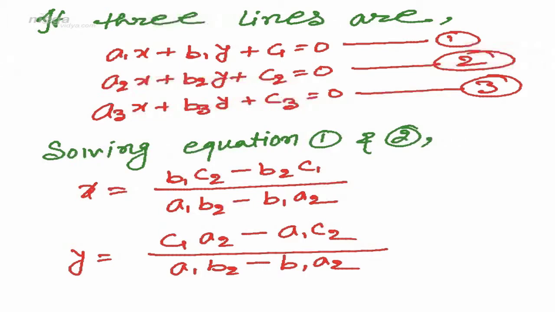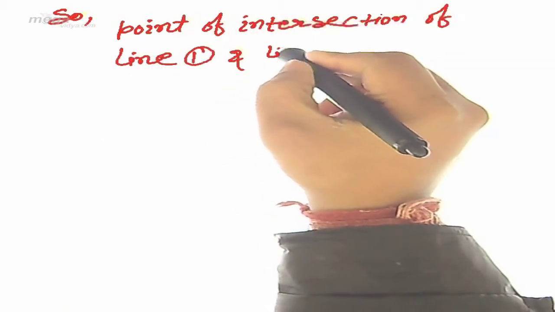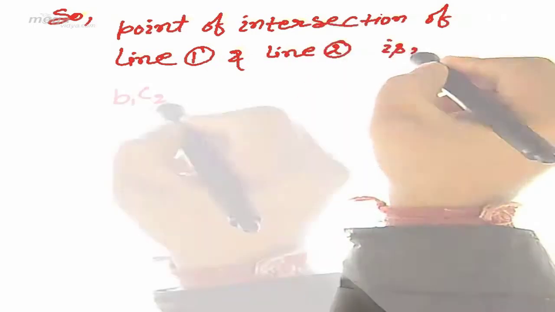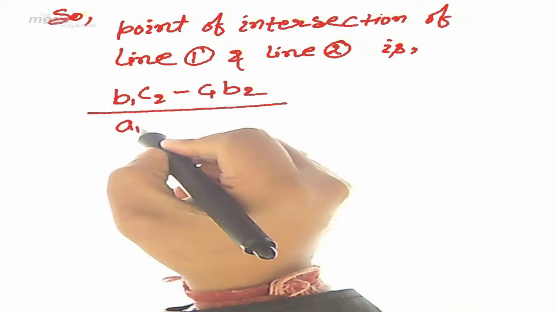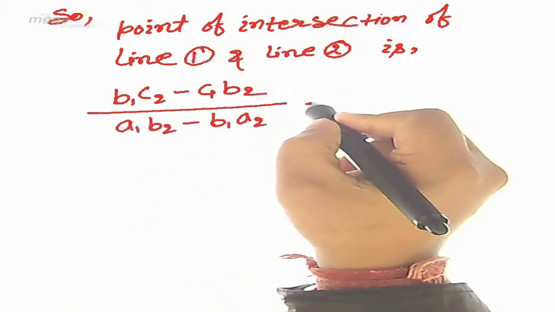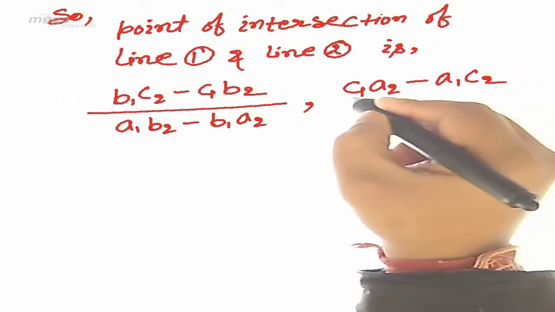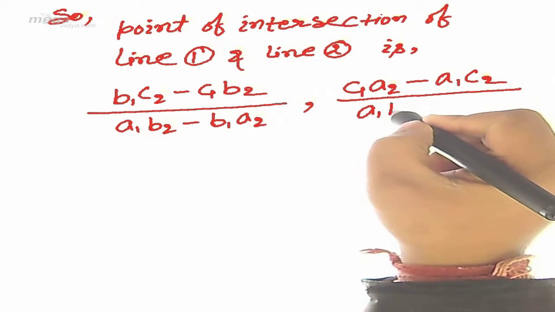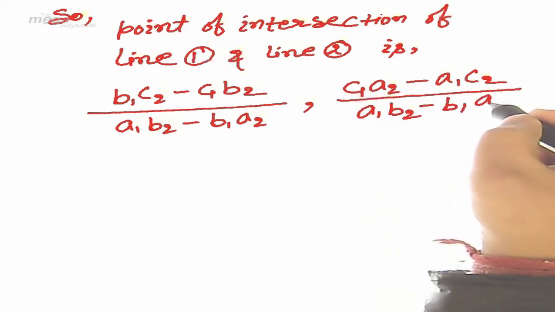Suppose I am taking equation number 1 and equation number 2. So the point of intersection of line 1 and line 2 is ((b1c2 - c1b2)/(a1b2 - b1a2), (c1a2 - a1c2)/(a1b2 - b1a2)).